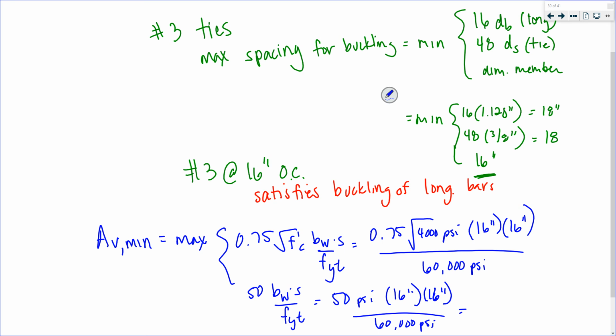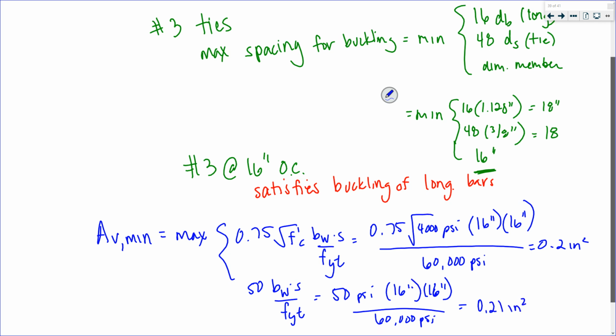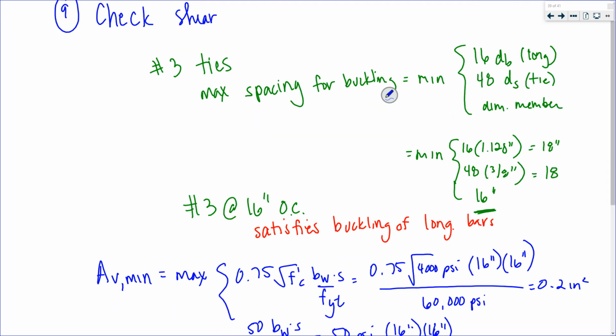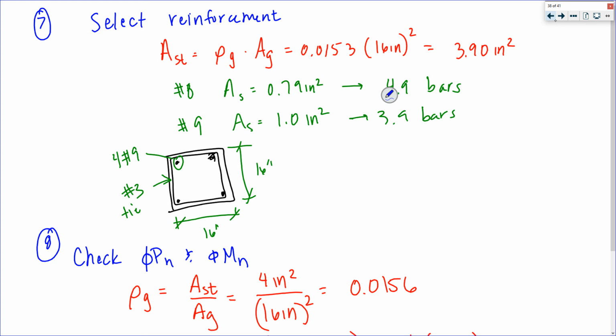So my AV min is 0.21 inches squared. My AV is going to be, if I got a crack, let's say this is my column, these are my longitudinal bars, that's my shear reinforcement.